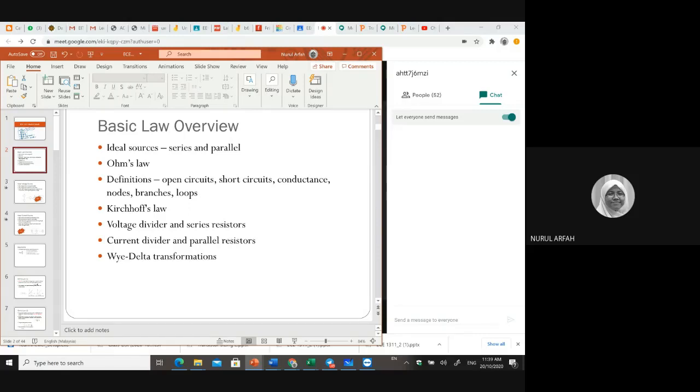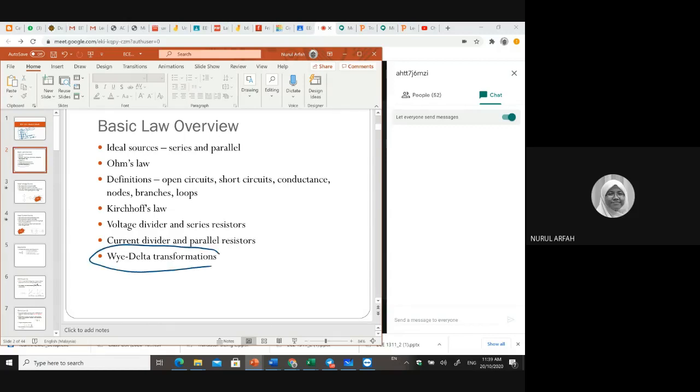This is some terminology that you need to get familiar with, so that when they put it in the question, you can answer. Refer to that definition. And then we have the two Kirchhoff laws, which are current and voltage law. Then we have voltage divider in series for resistors, and current divider in parallel for resistors. And then some Y-delta transformation.